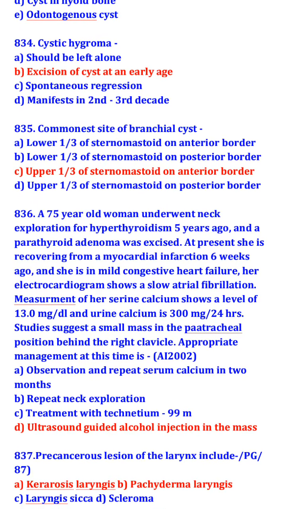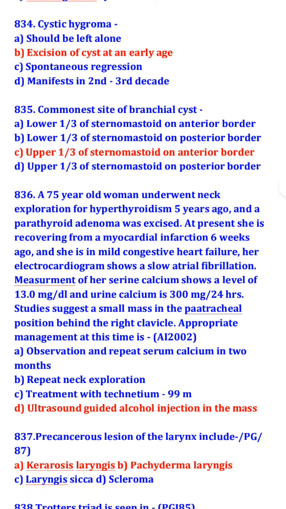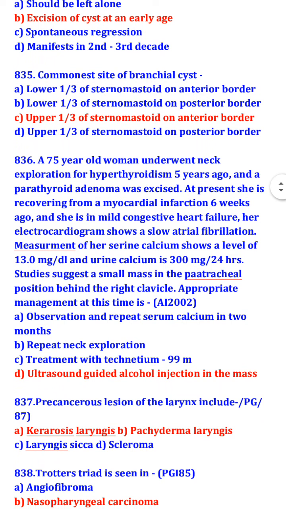A 75-year-old woman underwent neck exploration for hyperthyroidism 5 years ago and parathyroid adenoma was excised. At present, she is recovering from a myocardial infarction 6 weeks ago and she is in mild congestive heart failure. Her electrocardiogram shows a slow atrial fibrillation.